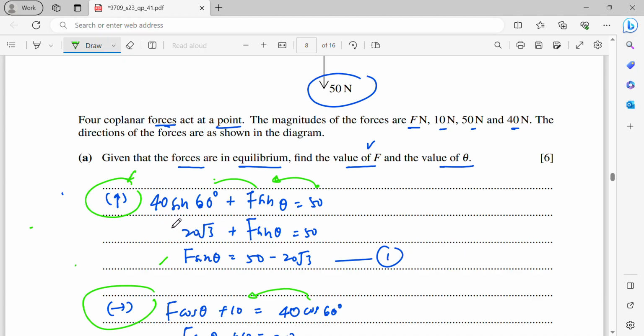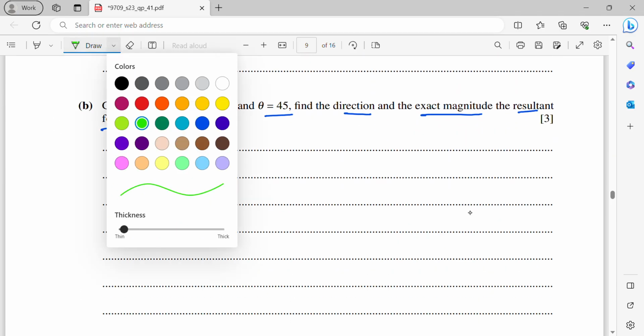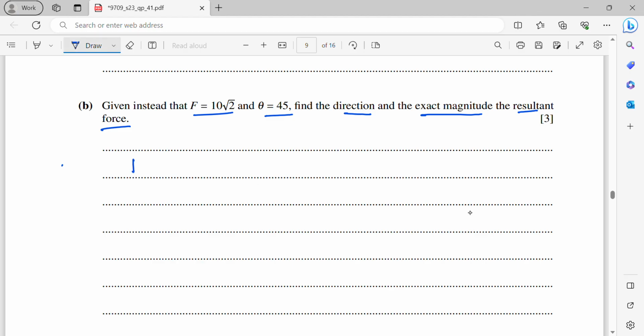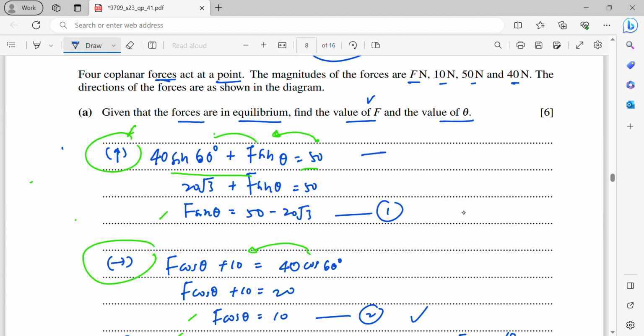So I will rewrite this and move the 50 to the left hand side first, and I will let it be Fy. That is the total vertical force. So it will be 40 sine 60 degrees plus F sine theta minus 50. I get this from the previous working, this part.